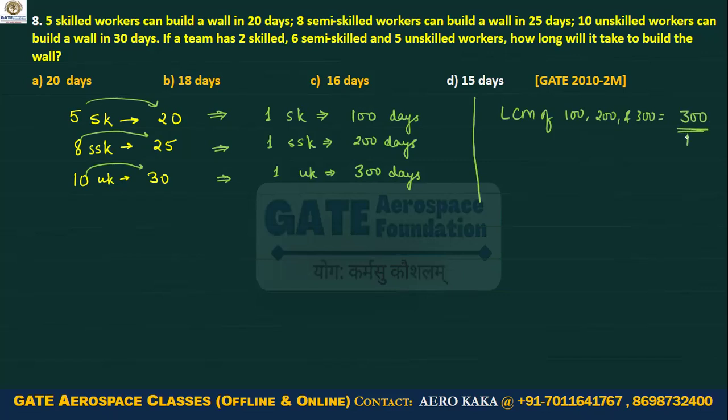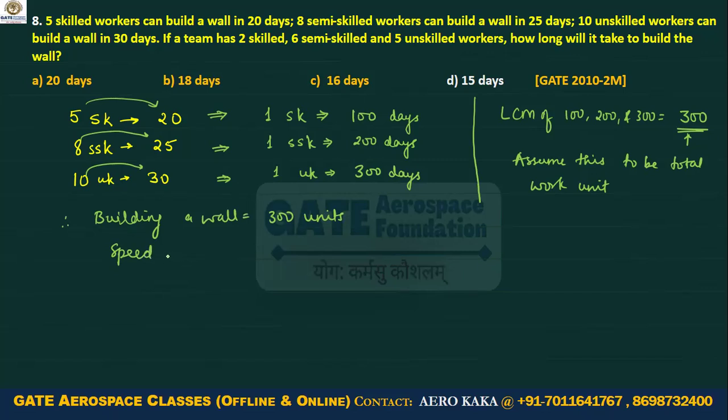And I'll assume this to be the total work unit. So I have 300 units. Therefore, building a wall is a work of 300 units.